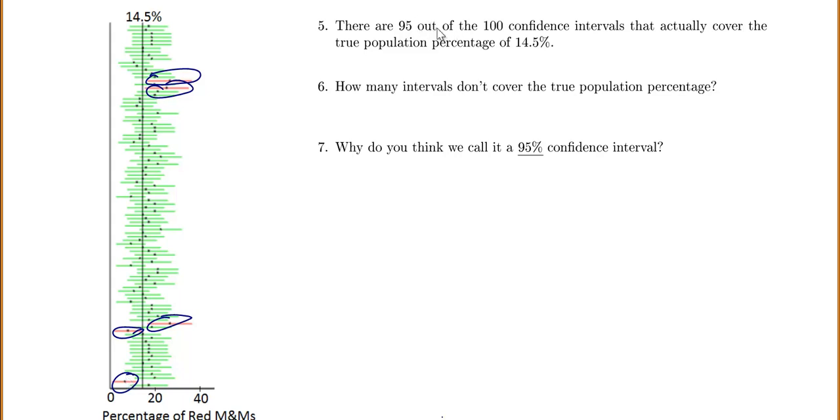So in part 5, there are 95 out of the 100 confidence intervals. I did 100 confidence intervals, and 95 of them actually covered the true population percentage of 14.5%. So how many intervals didn't? There were 5 that didn't, or 5 out of 100 times 100% gives me 5%. So 5% didn't.